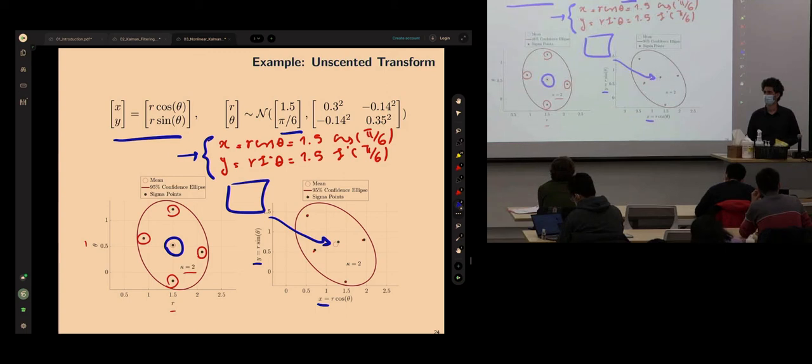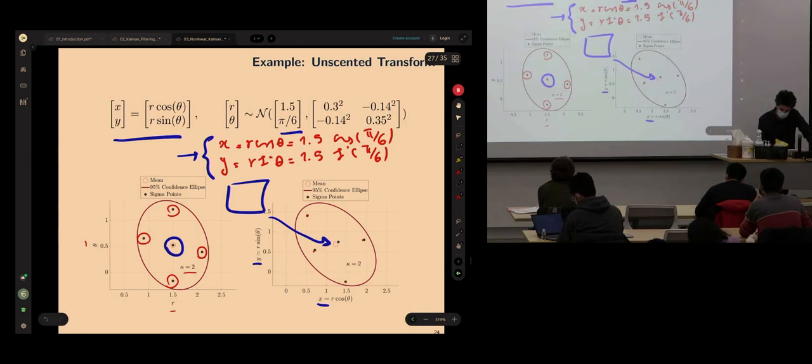The unscented transform standard method is that the first sigma point is just the mean, right? You got it right. The first one is this point, but also you have all the other points.